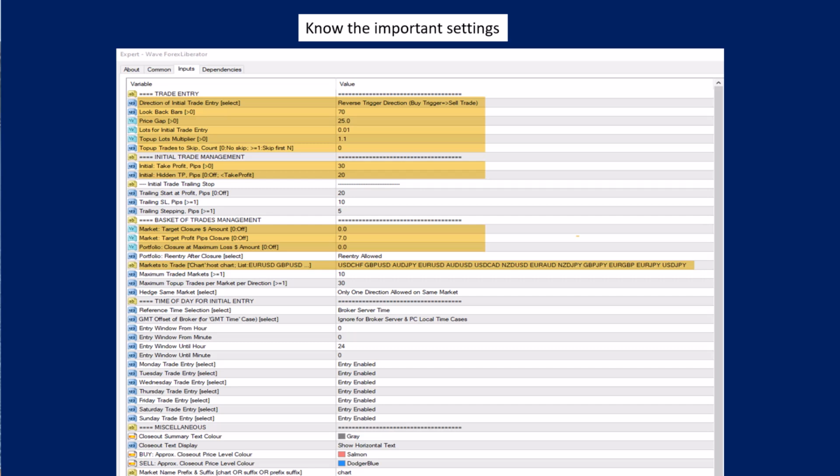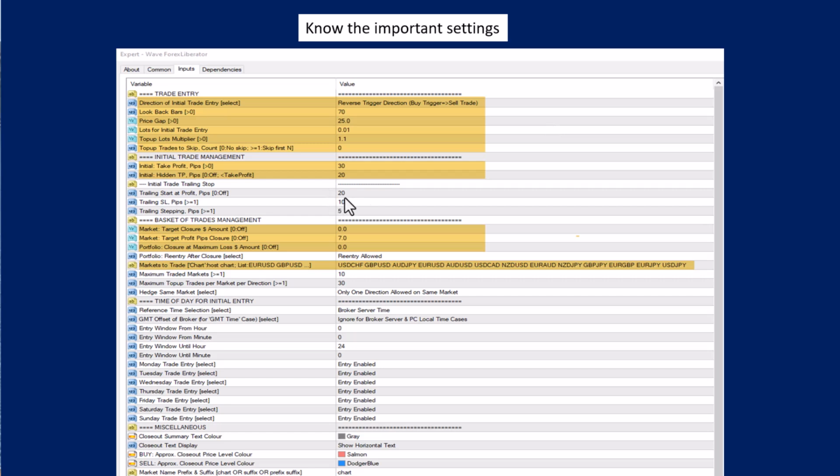So here on your screen, you can see the settings for the Wave Forex Liberator, which is the one that you can use to copy, which is the one that represents the trading of this proprietary account. Now, I have highlighted the most important settings. The other settings are not that important, and therefore you don't have to have all these settings perfectly in place.